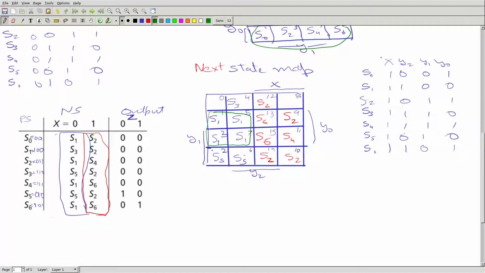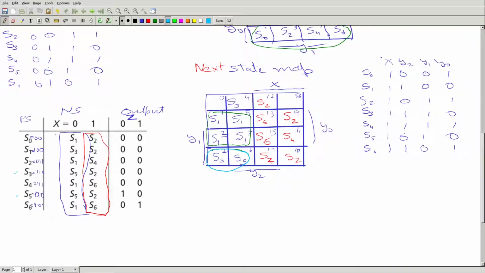And if you see this group of 2 S5s, so these 2 S5 came here because S5 is a neighbor of S3 and is a next state of S3 and S5, which corresponds to 2 and 6 respectively.